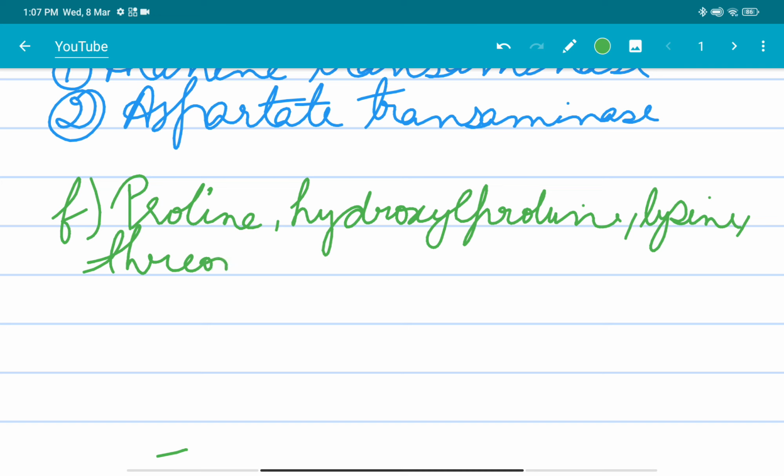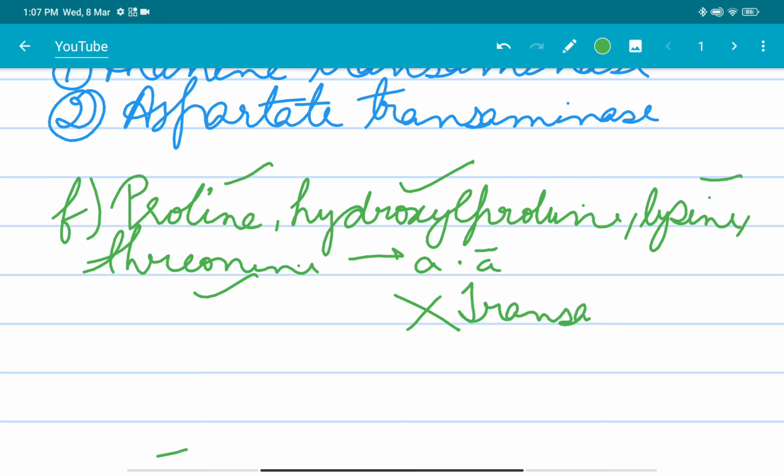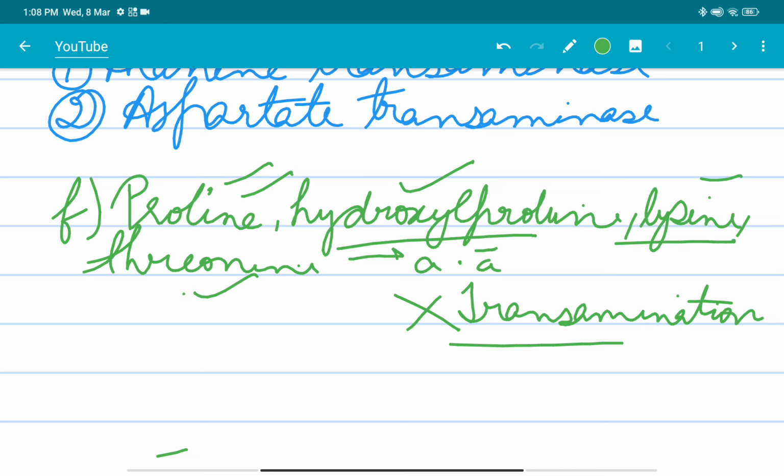I repeat, proline, hydroxyproline, lysine and threonine are the amino acids which do not undergo the process of transamination.